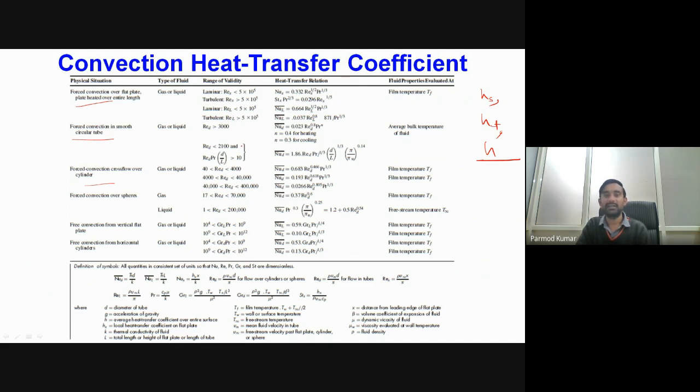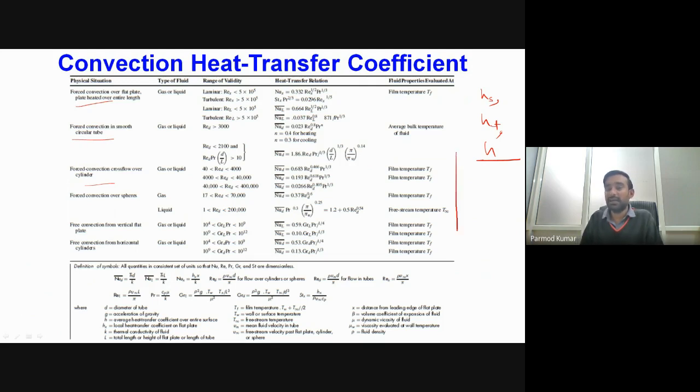Okay. Now obviously you will find that we have a large amount of literature available on the convection heat transfer coefficient, and we have significant variations in the value of heat transfer coefficient obtained from different correlations within the same range of operating parameters and physical situation. That is because of the very uncertain nature of this particular parameter and its dependence on a large number of parameters.